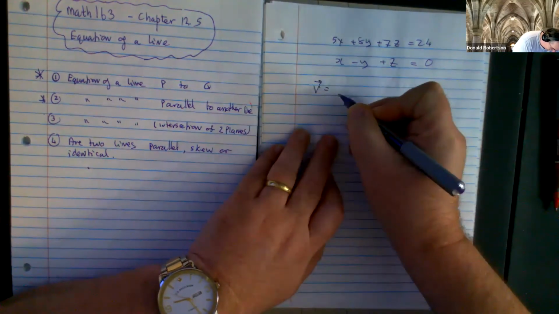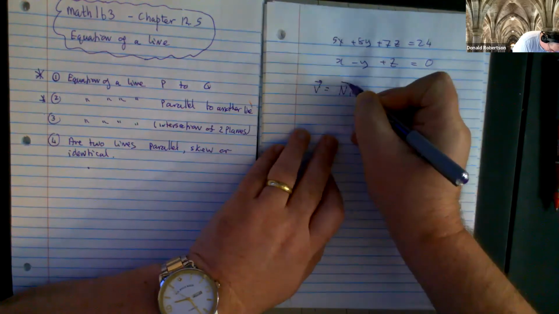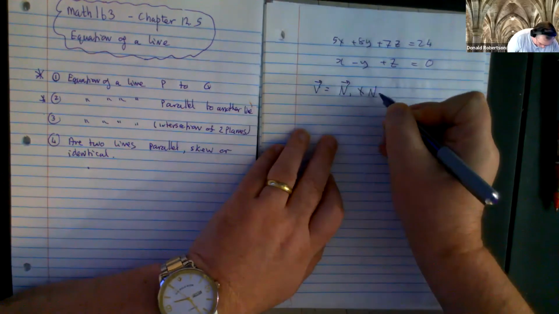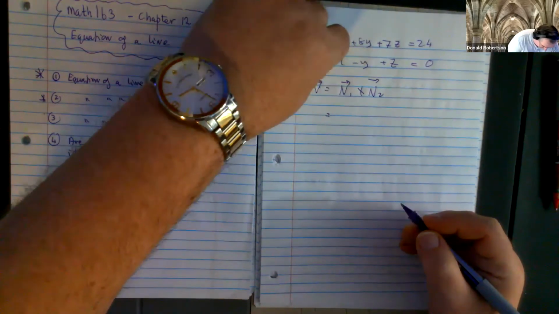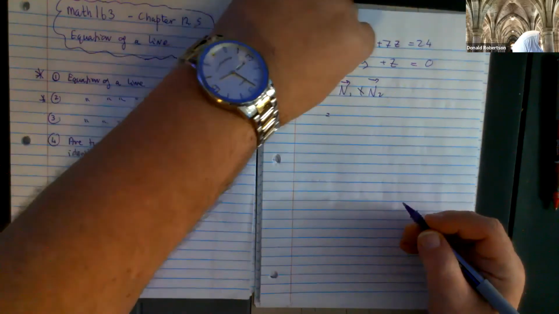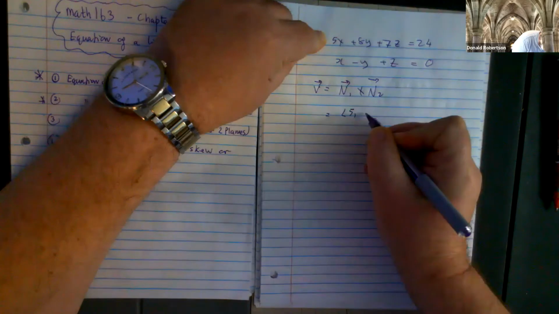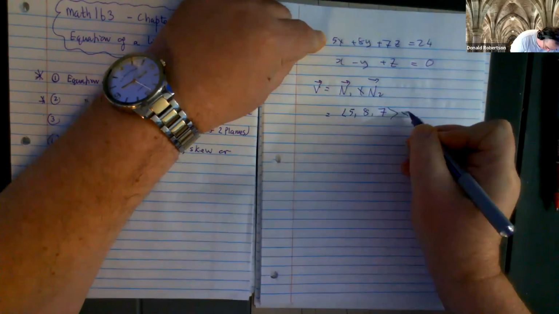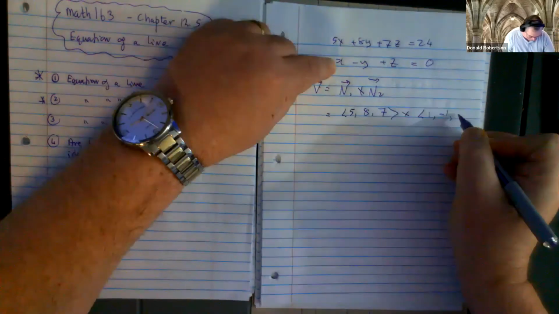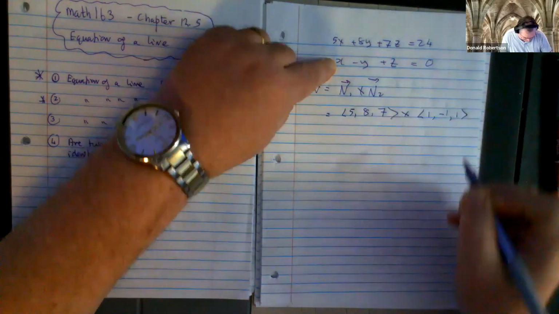The direction vector is the cross product of what's called the normals. In this plane, the normals are the coefficients of x, y, and z. So it's going to be 5, 8, 7 cross product with 1, -1, 1. You happy about these coefficients getting you the normal?